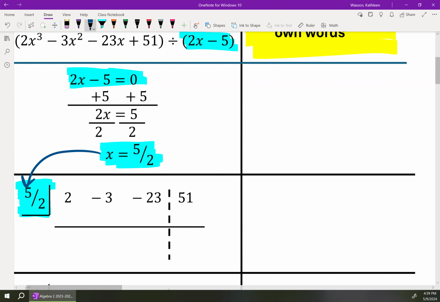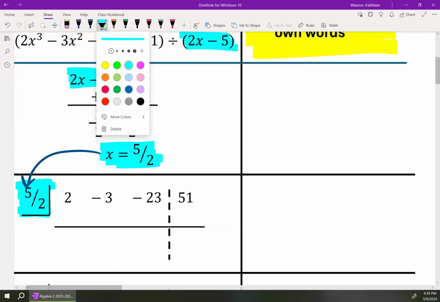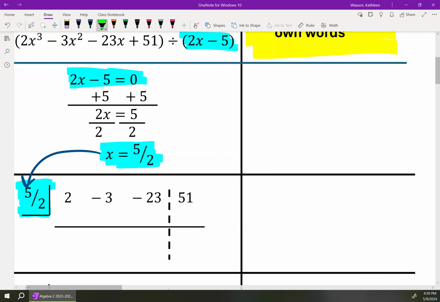Next, as I said, you make sure that your polynomial is in order of degree from highest to lowest, and then you write the coefficients and the constant, just the numbers. Here we've got 2 and -3 and -23 and +51. So those are the numbers that are here.